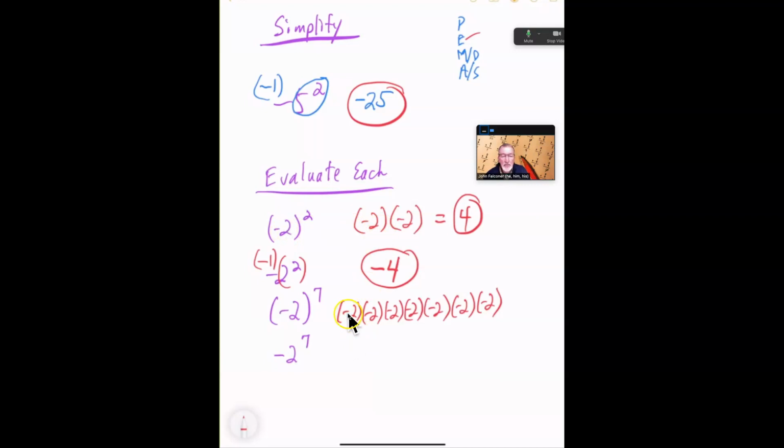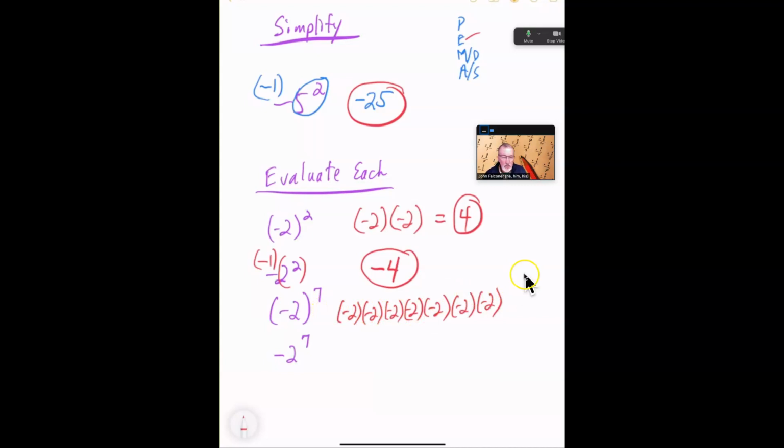We've got -2 times -2 times -2 times -2 times -2 times -2 times -2. The interesting thing here is that this power is odd. And that means we are going to be flipping between positive and negative, positive and negative, positive and negative. And we will end up with a negative outcome because we've got an odd number of terms.